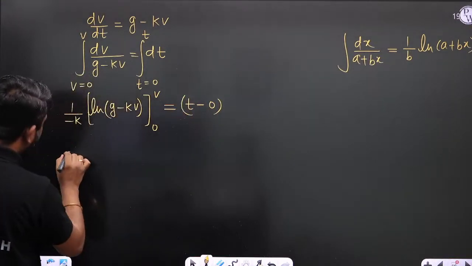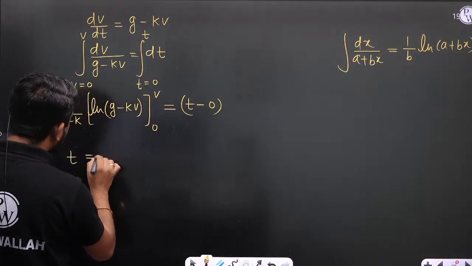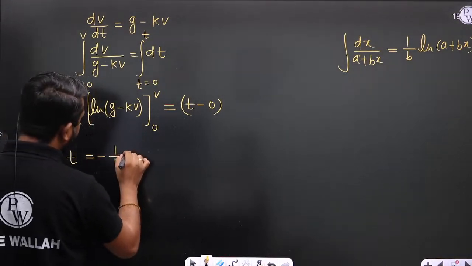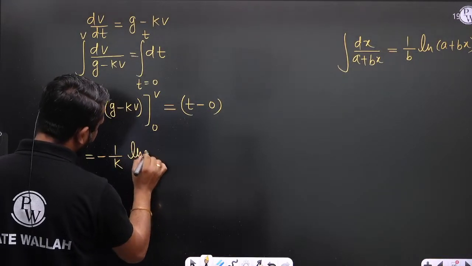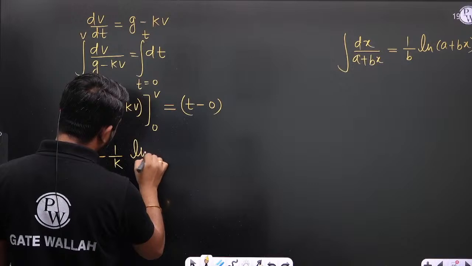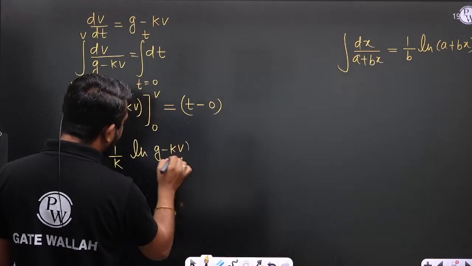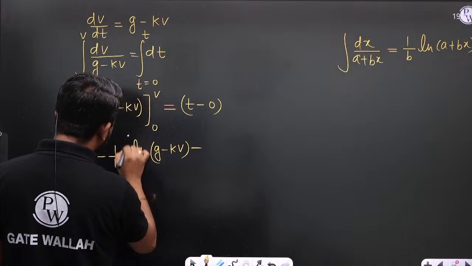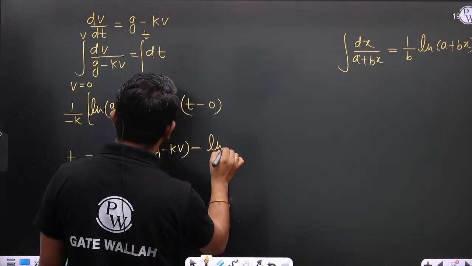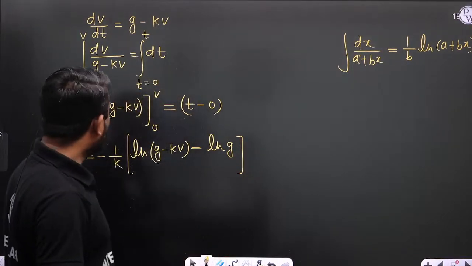So simply we can write t is equal to minus 1 by k, and this is ln(g minus kv) minus ln g. Right. So we can write in this way.